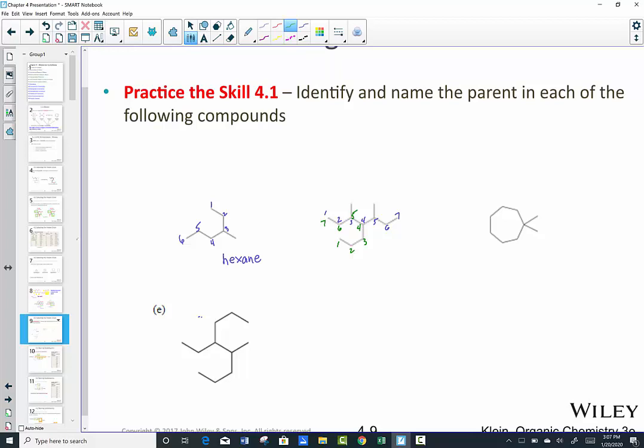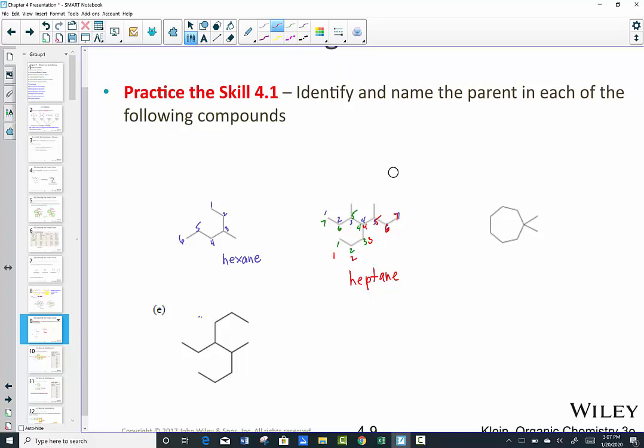Not as many branches though, correct? So that's not as good. Let me number in red. 1, 2, 3, 4, 5, 6, 7. So I have a couple of choices there of numbering. Anyway, we're just trying to find the longest parent chain. The one with the most branches would be the correct numbering system.